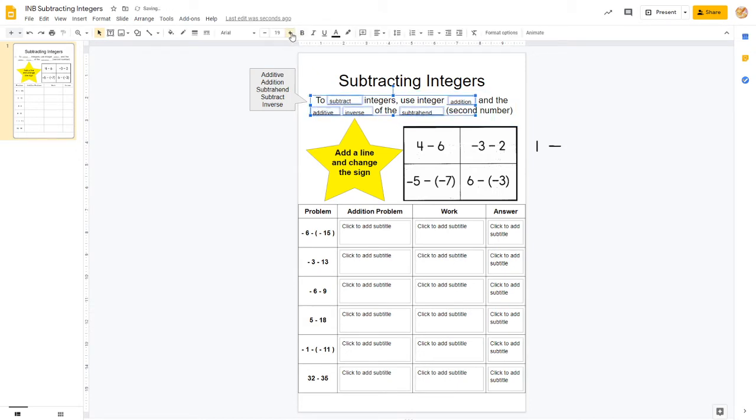So my next thing is I'm going to look at the star and this little box here. First things first, I'm going to move this up a little because I can barely read what these are saying.